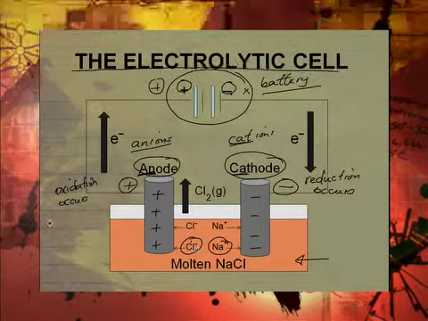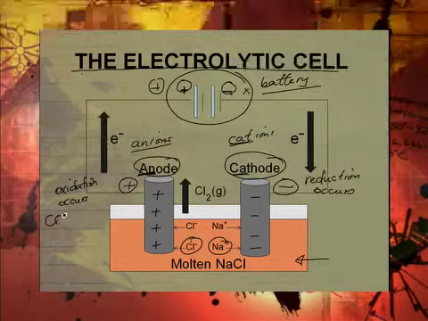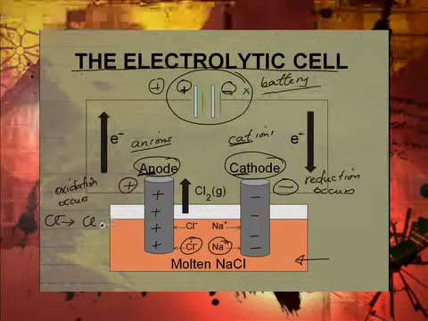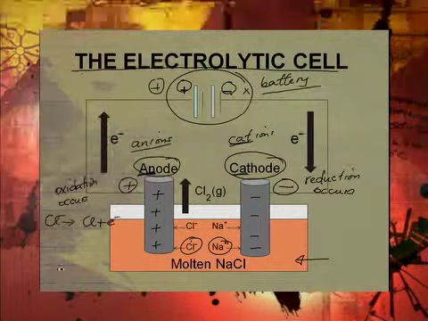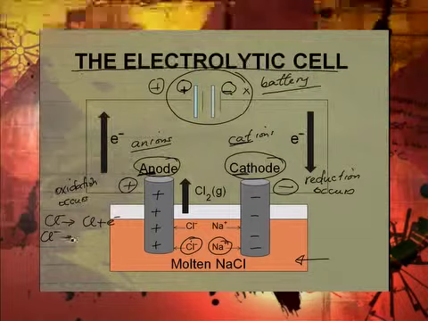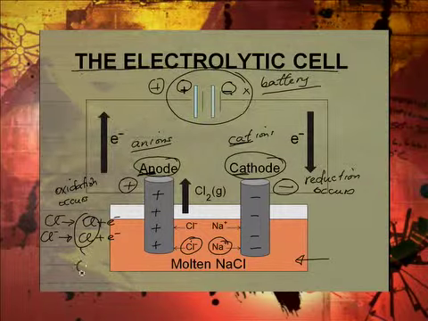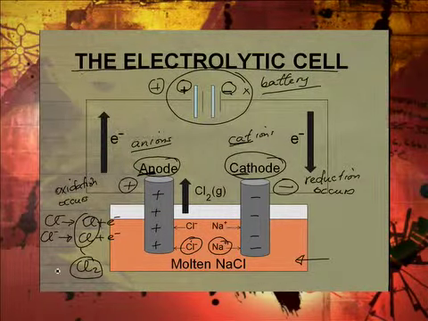The chloride ions going in there lose those electrons to become chlorine atoms. But chlorine is a diatomic molecule, so we'll have another chloride ion losing an electron so that the two can give us the Cl2 that we need.